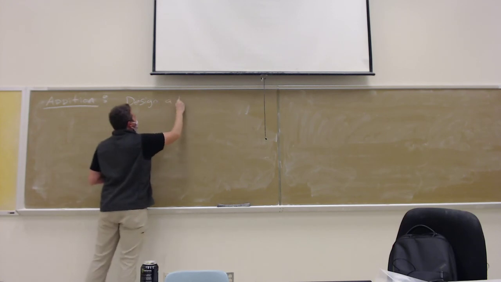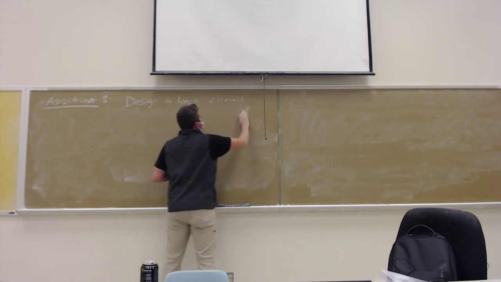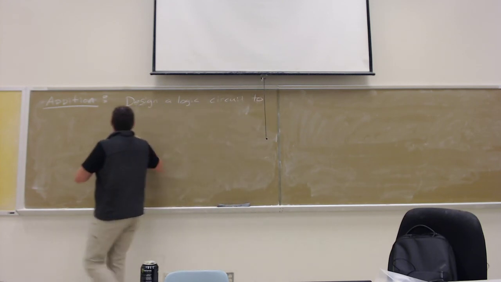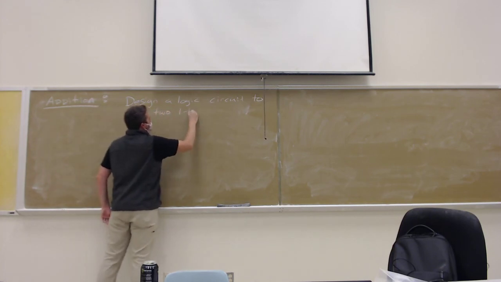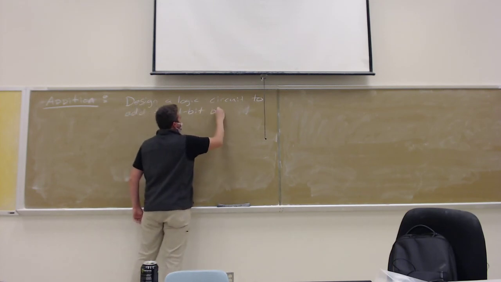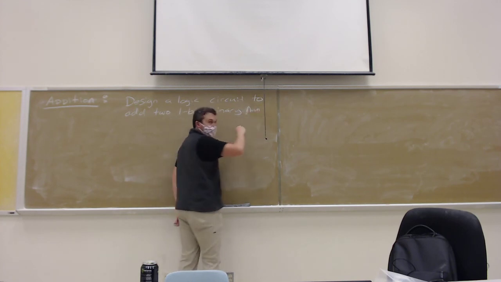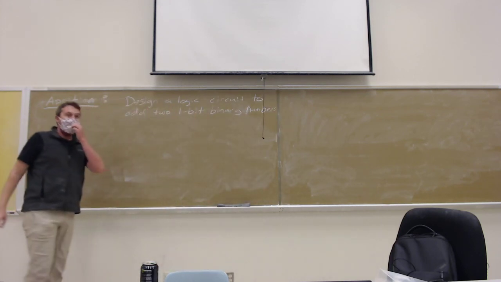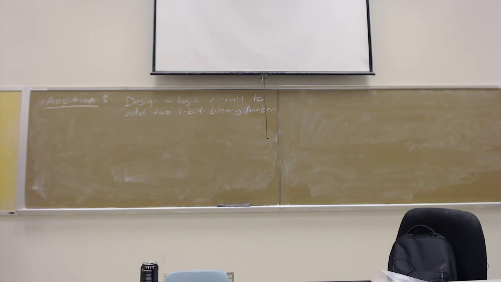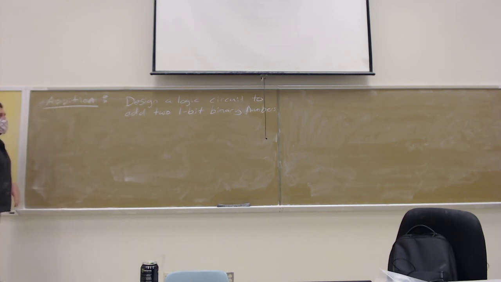Design a logic circuit to add two 1-bit binary numbers. Can't get any more basic than that. But we now know enough to be able to do this. Not even 2-bit binary numbers, not even 64-bit binary numbers. Just 1-bit binary numbers. But now we're ready to do it.